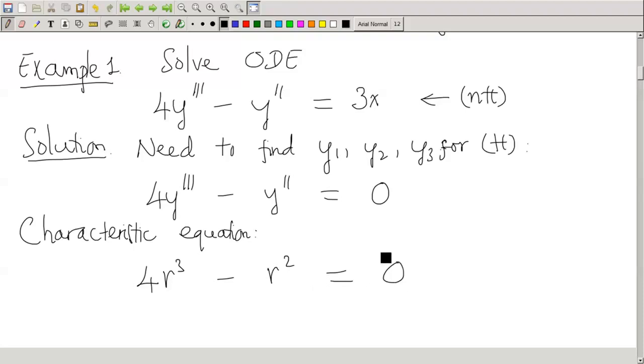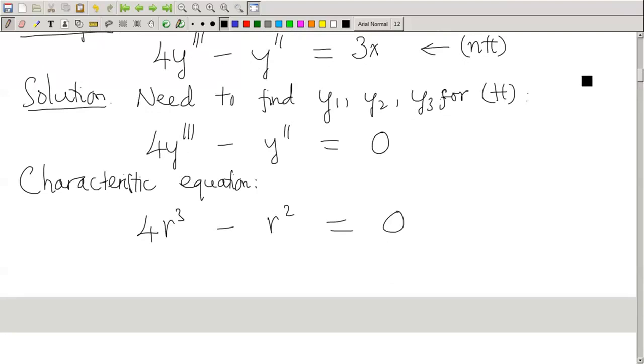And then we have 0. Now we need to know how to solve the equation for r. It turns out that in general it will be difficult or even impossible to solve an equation for r. But in this topic, we will see a few types of equations.